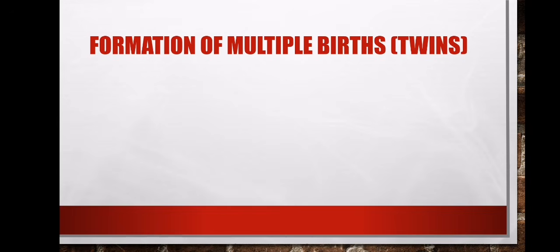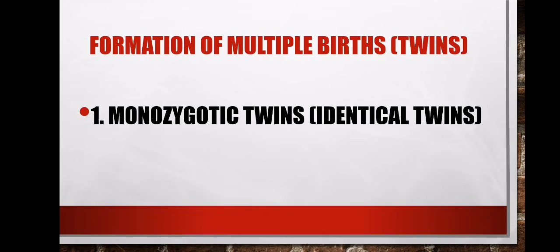We also have the second one, called dizygotic twins. Sometimes they give it a name and say it's fraternal twin. Then we have the last one, the third one, which is called freemartinism. Let's look at how each of these 3 twins are formed. We said we have monozygotic twins, and take note of the other name, identical.